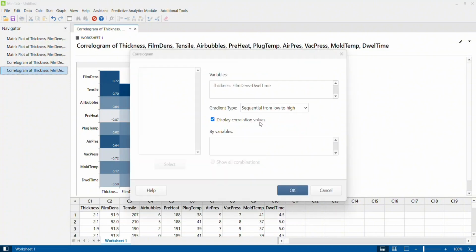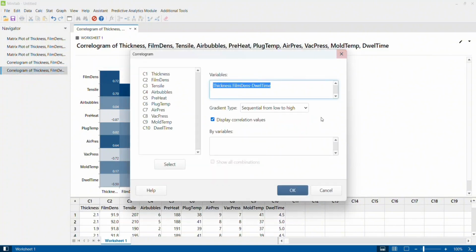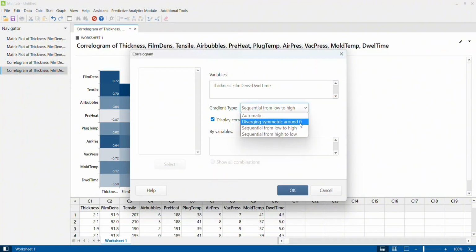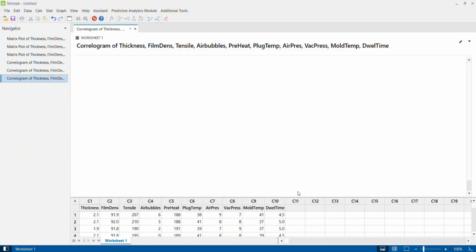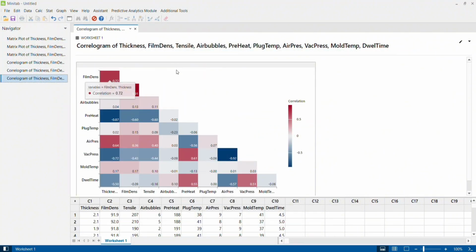So it's difficult to understand. Whereas with the previous option of diverging at 0, it becomes easy because the positive and negative correlations are expressed in two different color codes. As you see darker and darker red, and darker and darker blue, you will be able to tell what kind of correlation they have. On top of it, you also have the correlation coefficient value displayed in the graph itself.